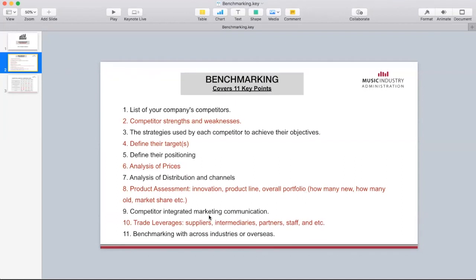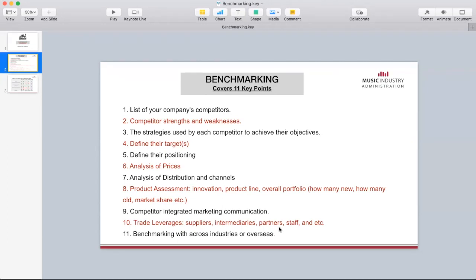Then you look at how much communication they do. Where do they communicate? Which channel do they use the most? Which media? What's the season, the time? What's the evolution of their communication? And then you look at their relationship with their intermediaries, in particular their suppliers, but also whoever they use in order to get some trade leverage.